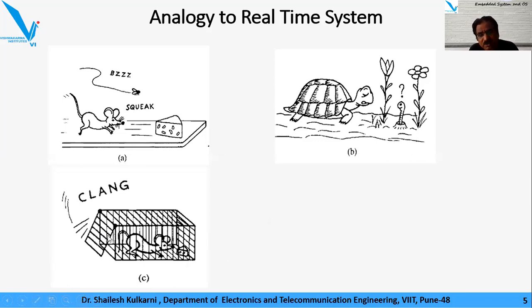So even though the logical correctness is observed in the system, unless that logical correctness is observed at the very appropriate time, that system will not be referred to as a real-time system. This is a very famous analogy for the real-time system, where the output of the functionality as well as the timing of that functionality equally matter.